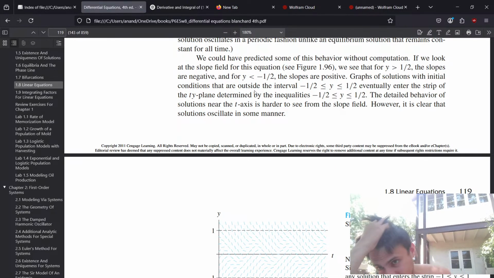Graphs of solutions with initial conditions outside the interval eventually enter the strip determined by the equilibrium.